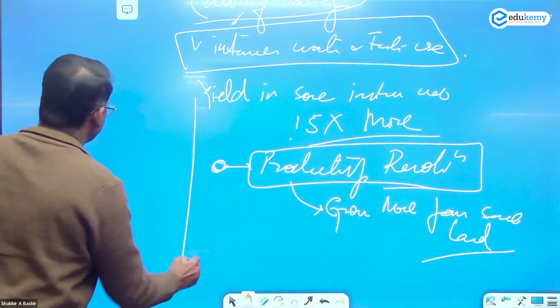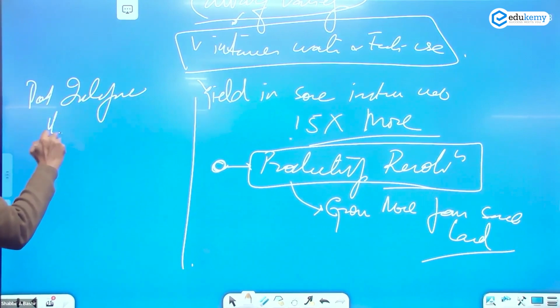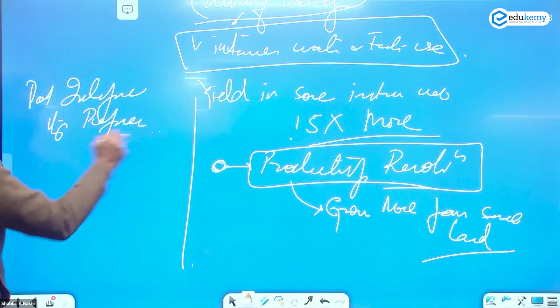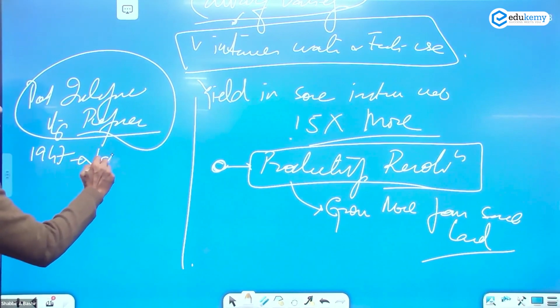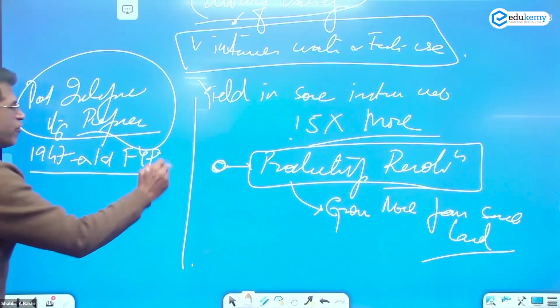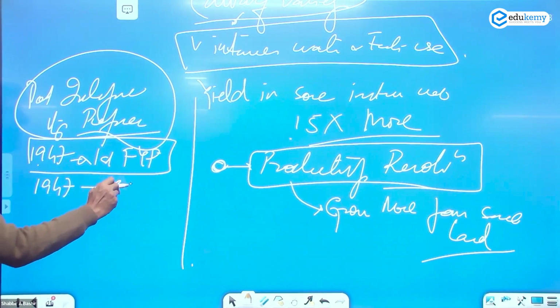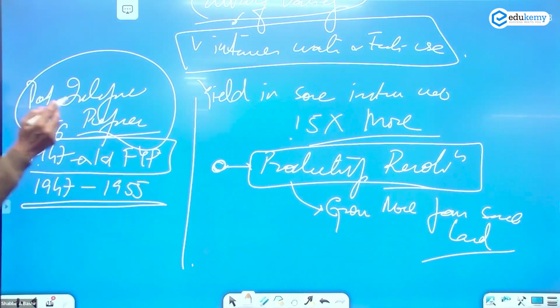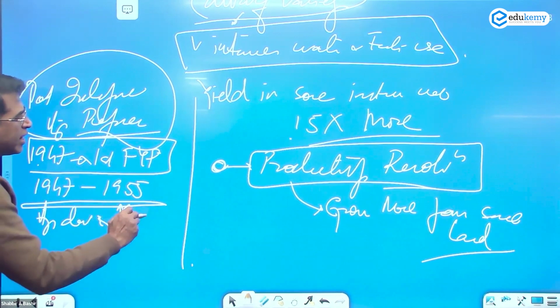So if you look at post-independence agriculture performance, 1947 say, and the first 5-year plan, this phase, approximately 47 to 55, almost 10 years, agricultural development and increase in production.